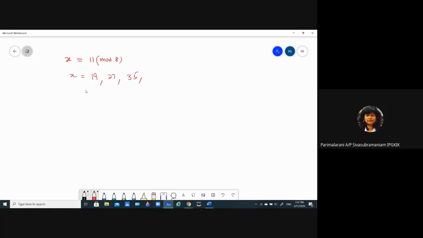What else? 43. Correct, 43. How about 3? Can x be 3 or not? Yes, it can also be 3. Okay, so if you understand this, then you understand.